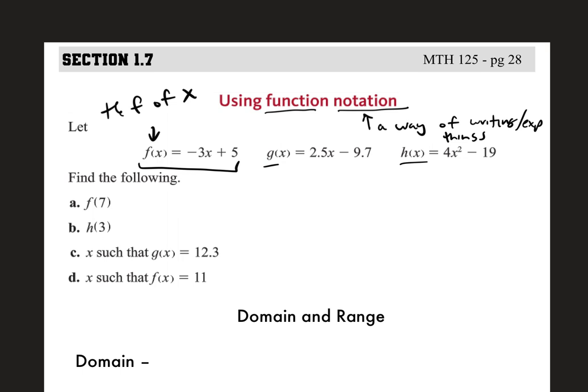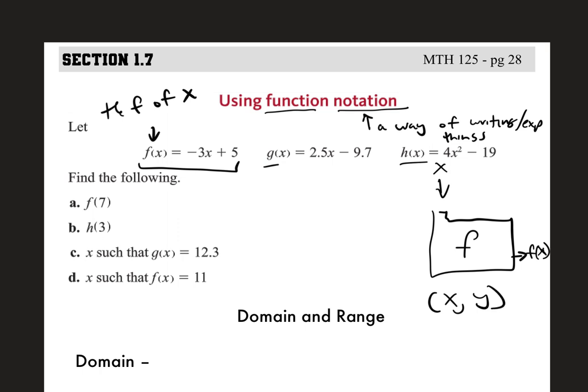Anytime I've learned this from a teacher, they've always expressed this as a function machine, and inside goes an input, and then out of it comes an output, and that output is called the f of x. Before, we would say if you input x, out comes some certain y. Now we're going to say you input x and out comes some kind of variation of x based on what the function does to it.